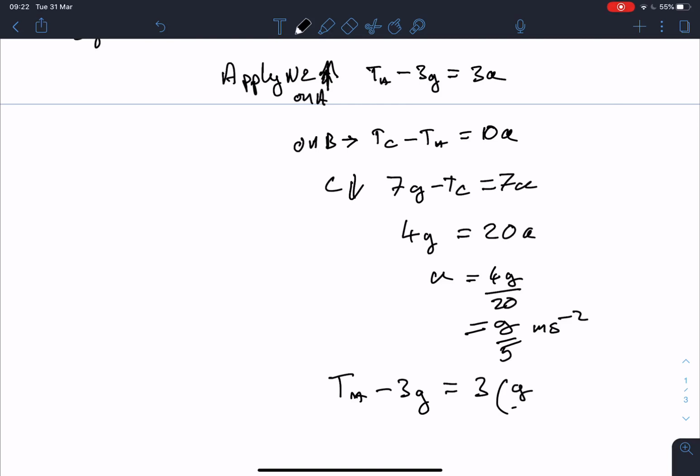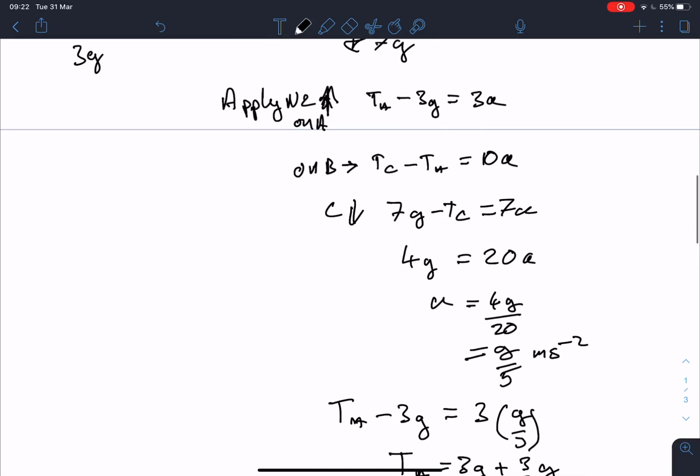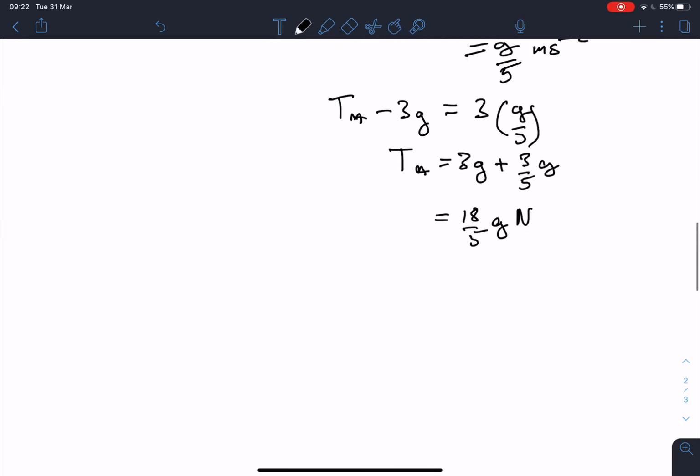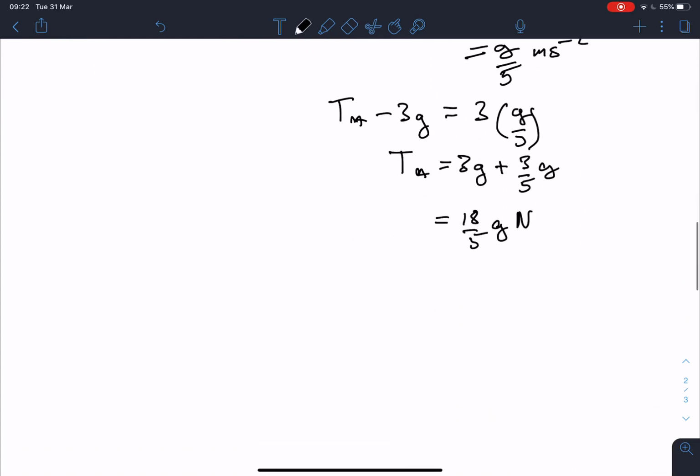Adding is going to give us 4G because the TC's cancel and the TA's cancel, so you get 7G minus 3G is 4G, and here we get 20A. So A is equal to 4G over 20, or G over 5 metres per second squared.